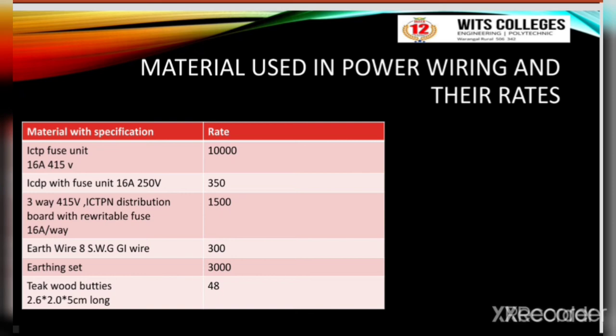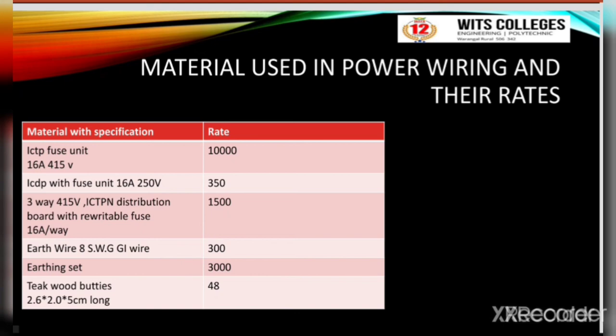And for the 3-way 415 volts ICTPN distribution board with rewirable fuse, the cost varies based on the current rating. For 16 amperes its cost will be 1500, for 32 amperes 2000, and for 63 amperes 3200.